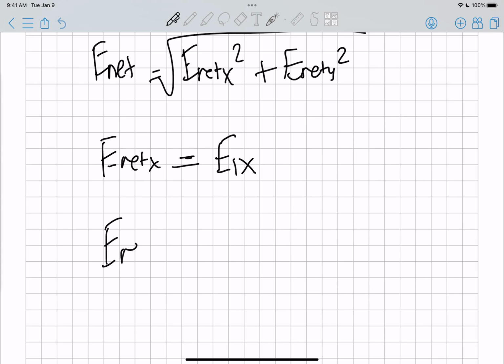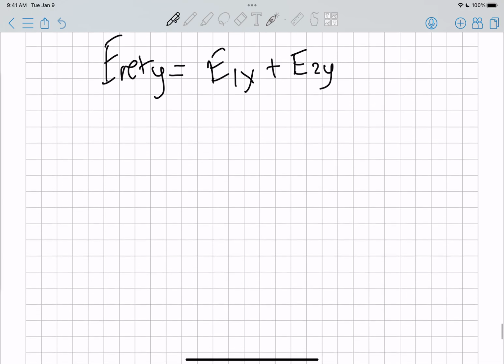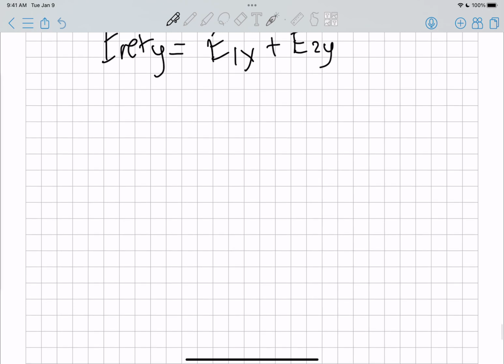And then E net y would be your E1y plus your E2y, right? And why are we adding up E1y and E2y? Okay. Why don't we subtract them?